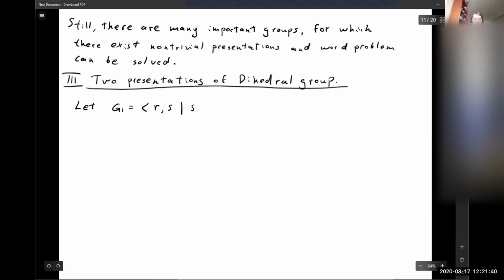That S squared, R to the N, and SR SR are all equal to identity. So this means that S squared equals R to the N equals SR SR equals E in G1.